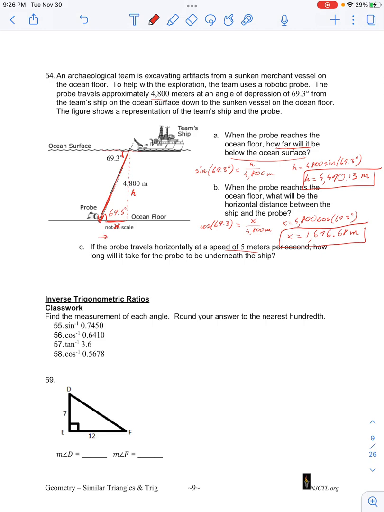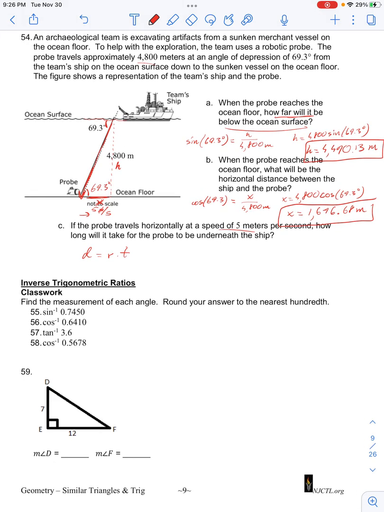If it's traveling this direction at 5 meters per second, we know the relationship of rate is distance equals rate times time. So our time can be rearranged by dividing by r. Distance divided by rate is equal to time.